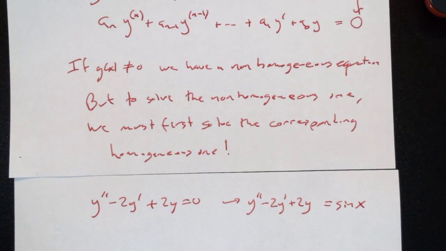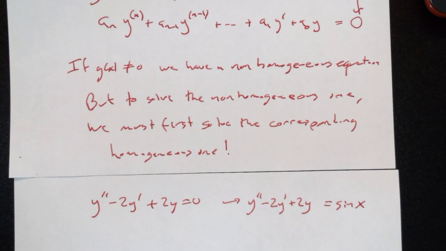I can't solve the non-homogeneous one before solving the homogeneous one. So I'm always going to start with the assumption that the right-hand side is 0 to begin with.